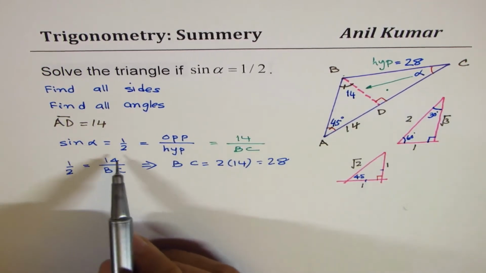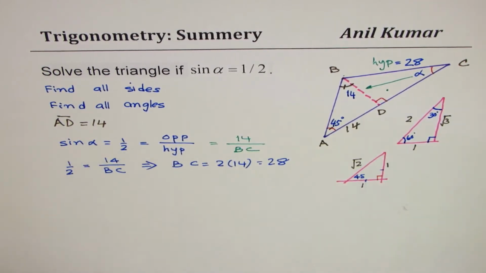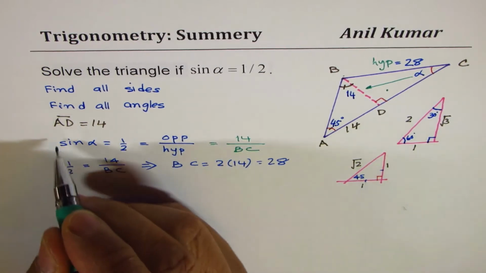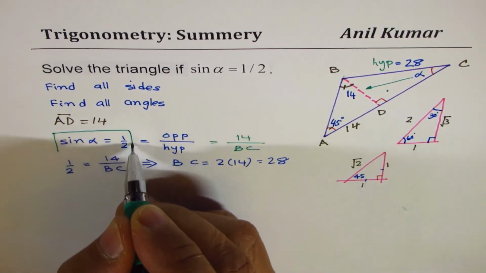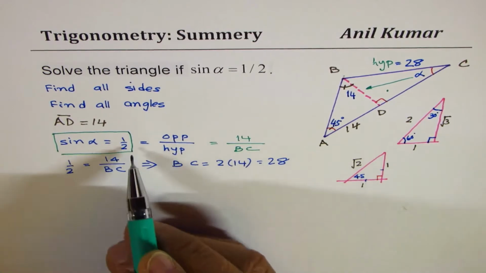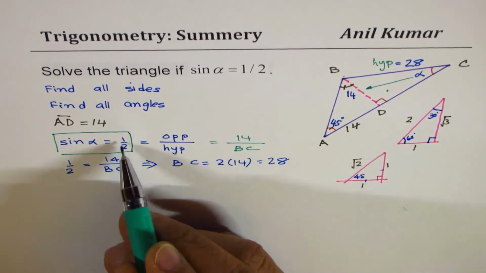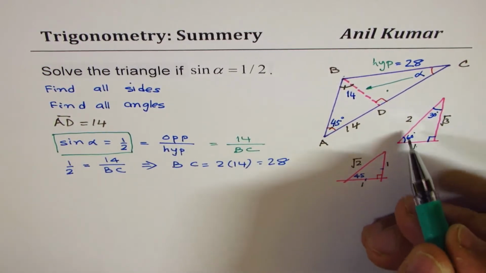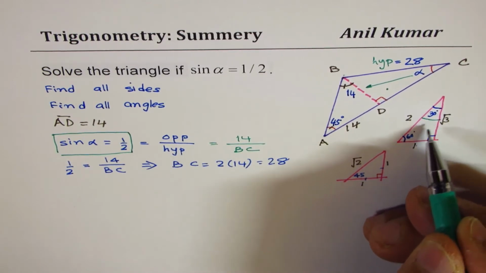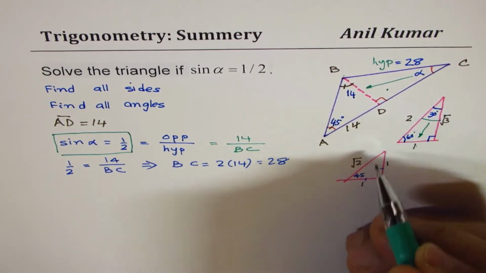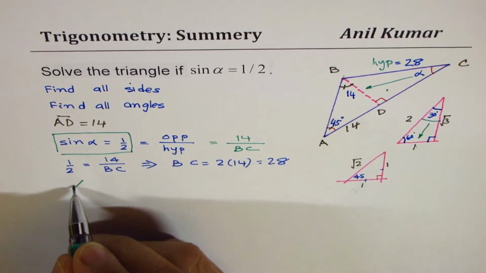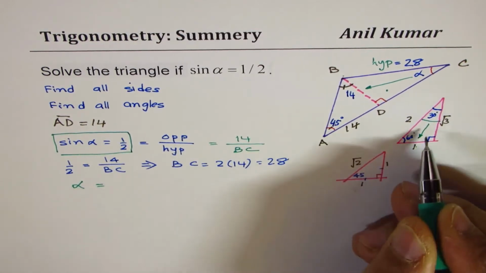If I say sine alpha is half, let me just circle this in green. If I say sine alpha is half, that means opposite to hypotenuse is half. So opposite to hypotenuse is half for 30 degrees. This is the opposite side, that's the hypotenuse. So that means alpha equals 30 degrees.